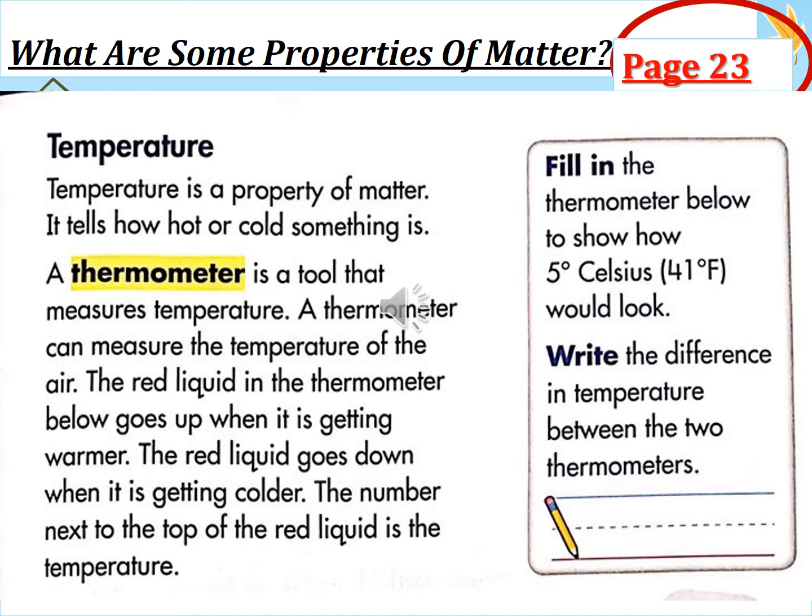Okay, we may look at the height of the red liquid. Then, you see which number or mark on the scale the liquid is even with. That number is the temperature of the object in degrees Celsius or in Fahrenheit. Afterwards, you may do the task.